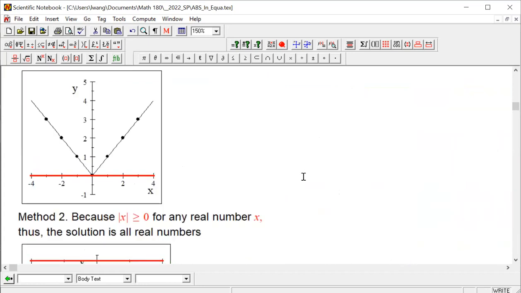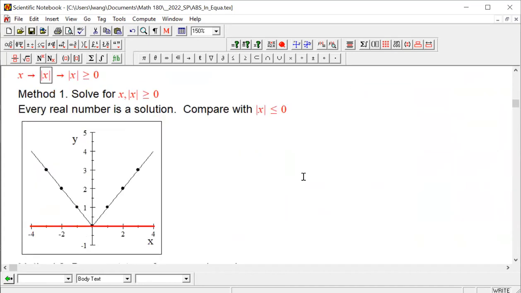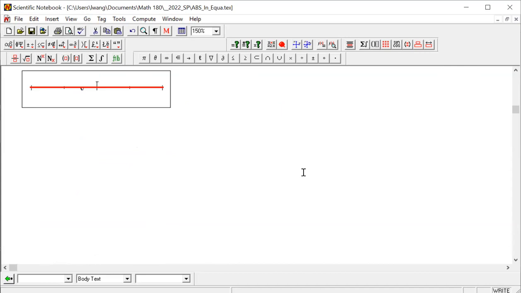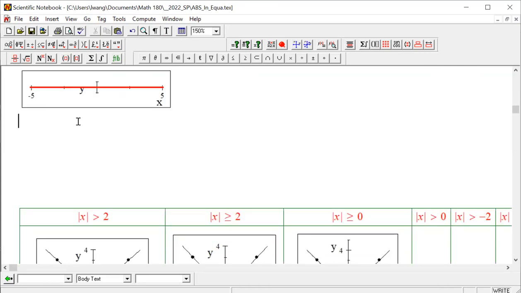Okay, so that's our next example, example number 4. When we're solving for x, the absolute value is larger than 0.